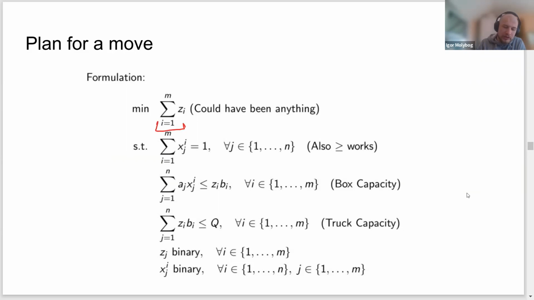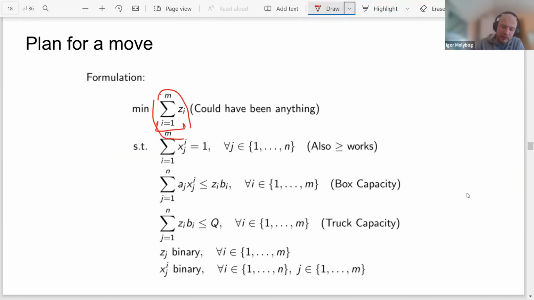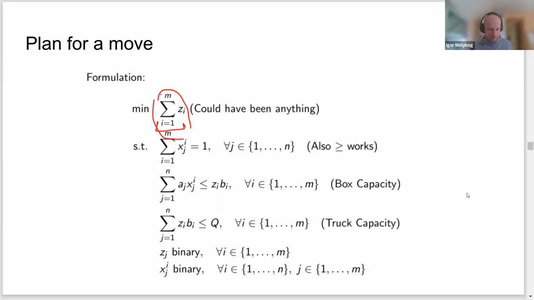Essentially, this is one of these problems where we have a feasibility question. Therefore, it doesn't really matter what exactly you put in the optimization objective, but in this particular case, we have put down the total number of boxes that we are fitting into the truck. It could have been 0.